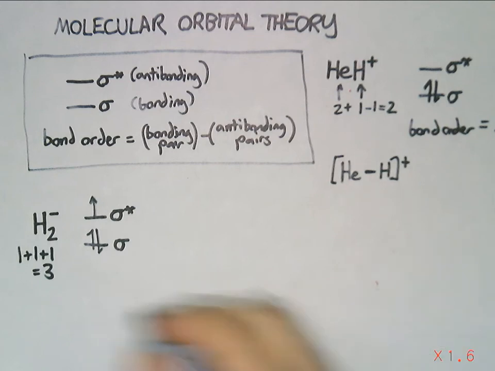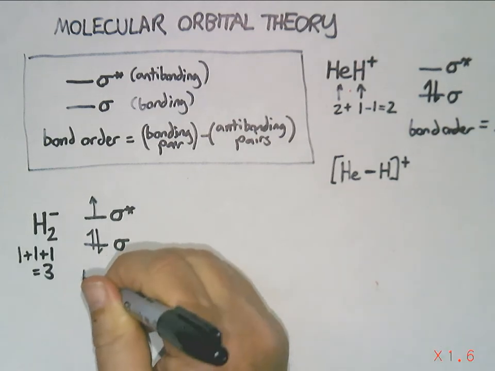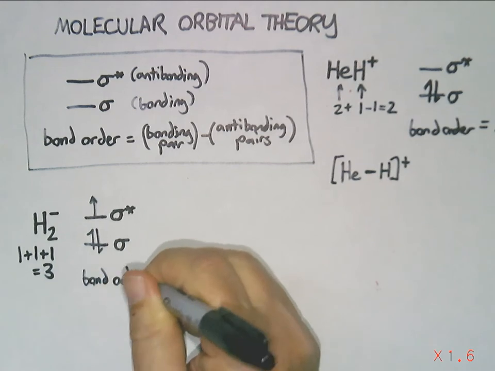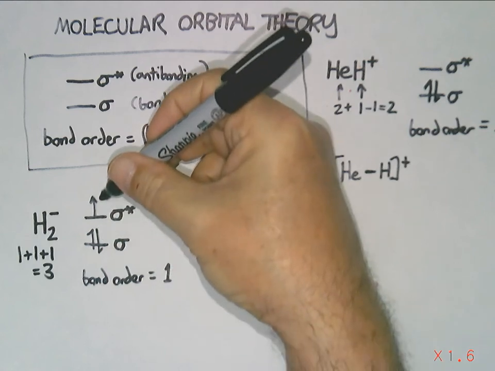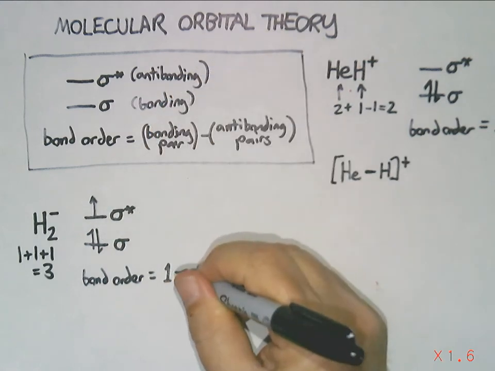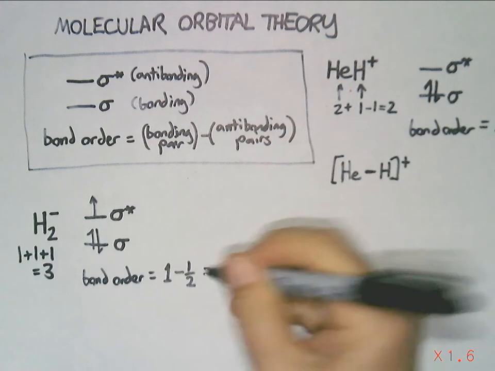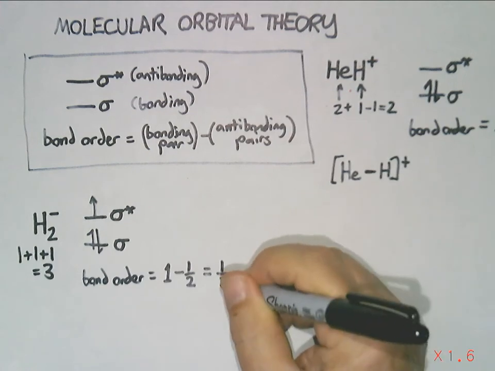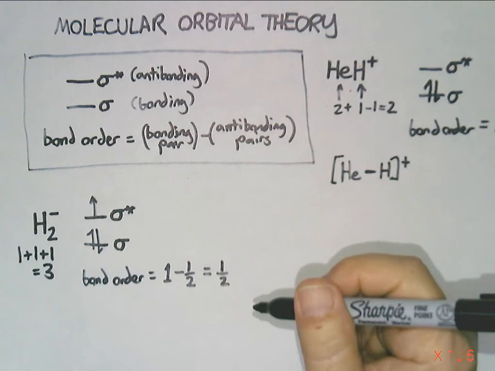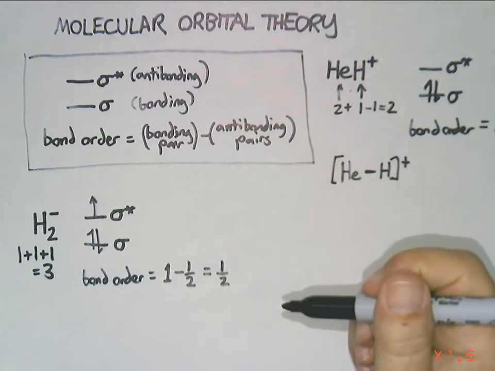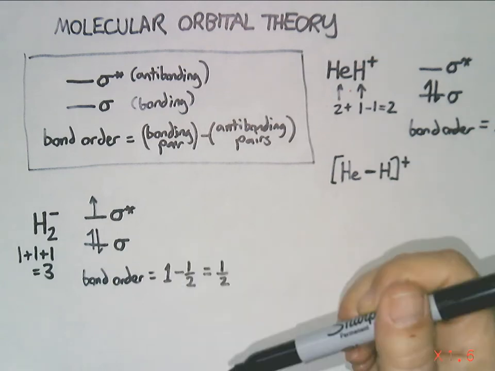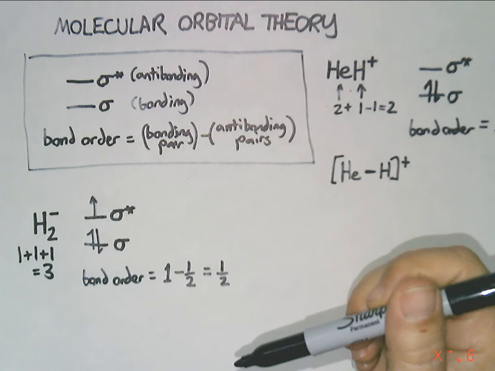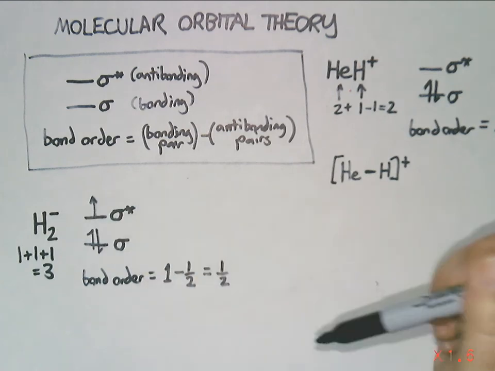All right, what's the bond order? I have a bonding pair, so that's a bond, and I have half of an anti-bonding pair. So I'm going to be left with half a bond. And this is something that you can't easily show with Lewis theory. In fact, Lewis theory won't give you a good structure for this molecule. So there's half a bond between the two hydrogens here.